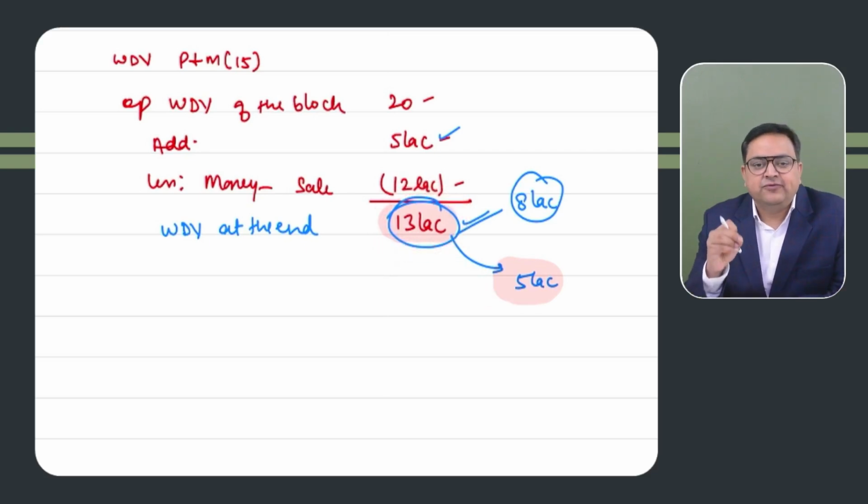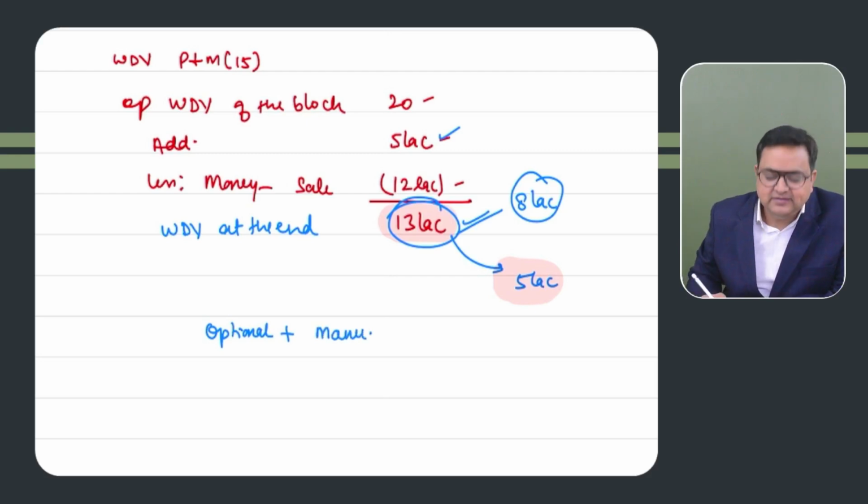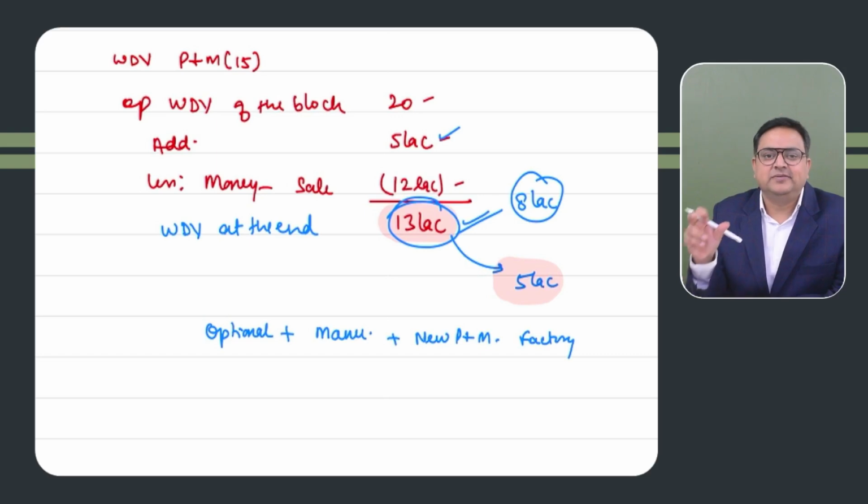And if the assessee is following the optional regime, and plus it is mentioned in the question that the assessee is a manufacturing assessee, plus they have purchased new plant and machinery which is installed in the factory. Got it? All these conditions must be satisfied.